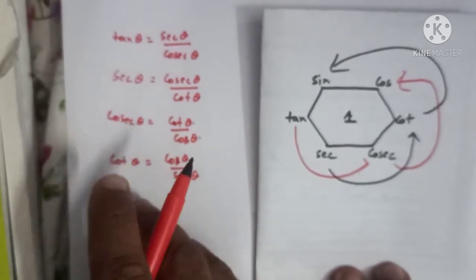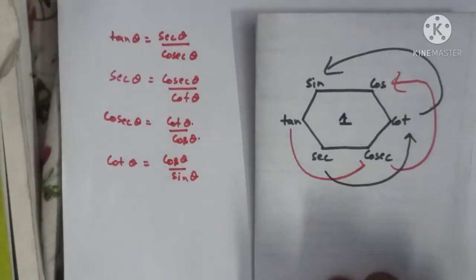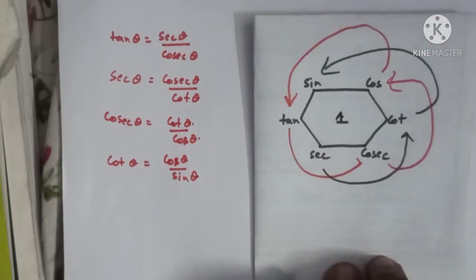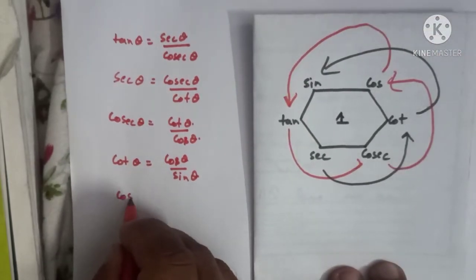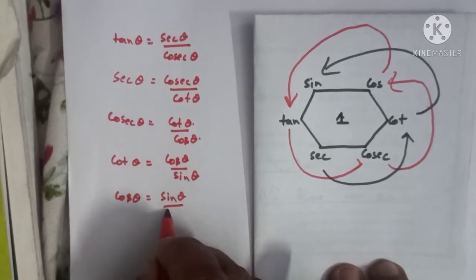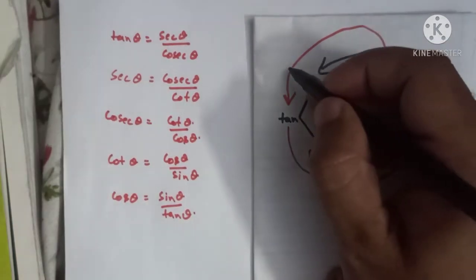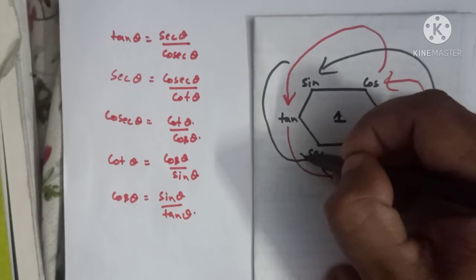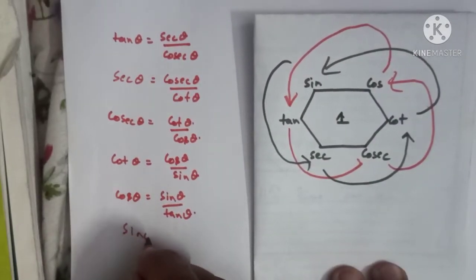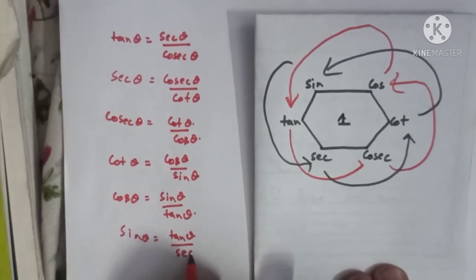Similarly, if we are moving from cos theta to tan theta, then cos theta is equal to sin theta upon tan theta. And last but not least, sin to sec: sin theta is equal to tan theta upon sec theta.